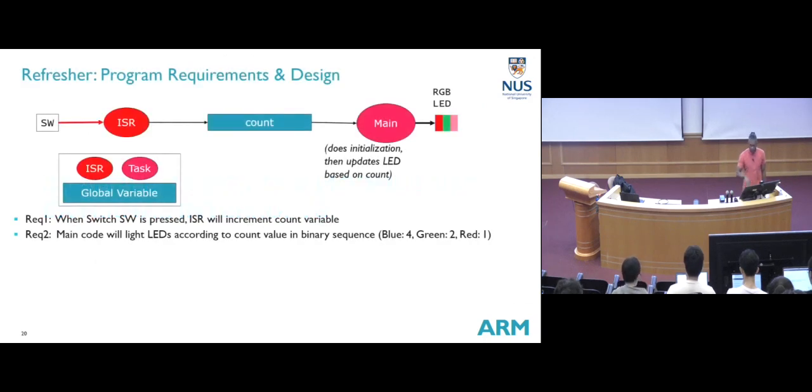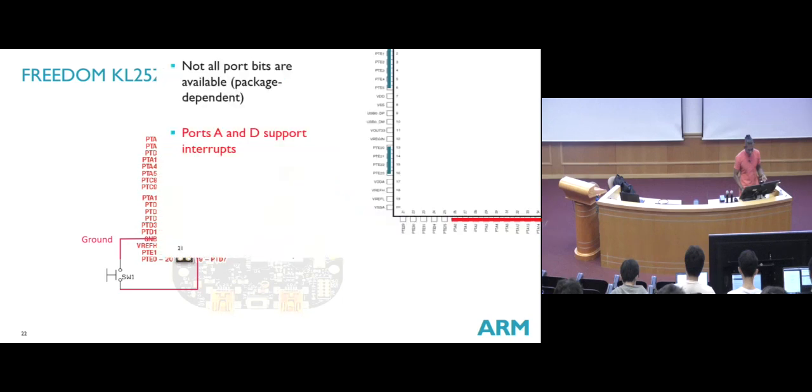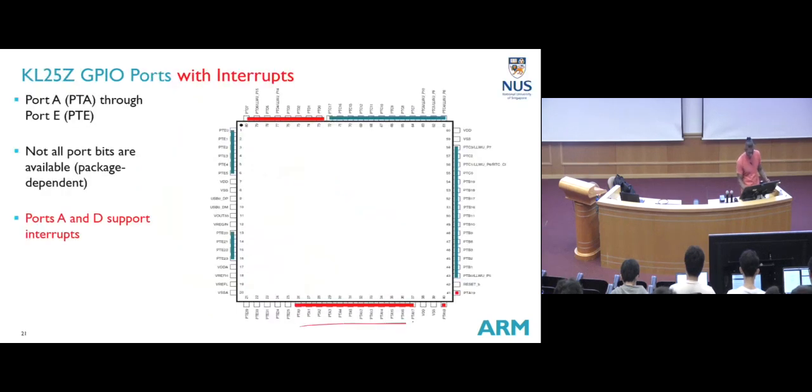Coming back to our example, the KL25Z GPIO has all these ports, but only port A and port D support interrupts. As you saw from the interrupt vector table, only port A and port D are mapped to interrupts. So in terms of the connections, only some of these pins are available for interrupts: the port A pins and the port D pins.